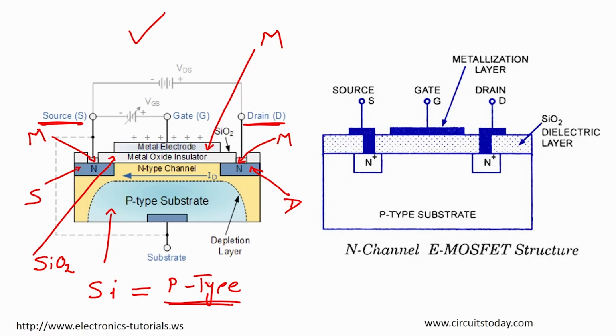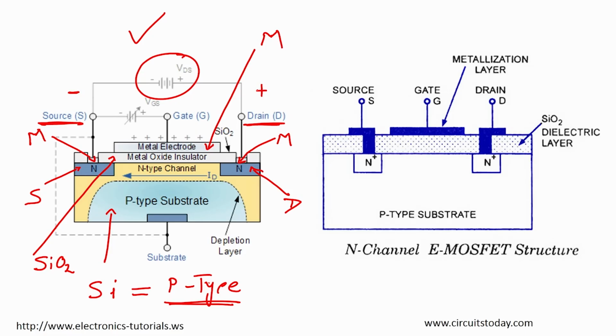Now, I can apply a potential difference or voltage between drain and source. Here I have applied positive voltage to the drain and negative to the source, right. If that is the case, what will happen?